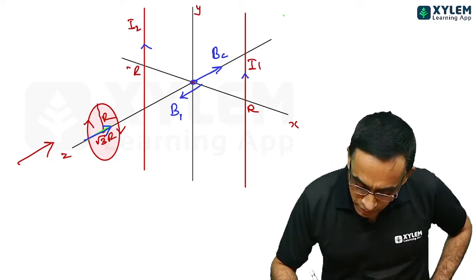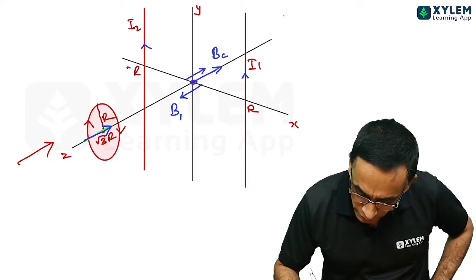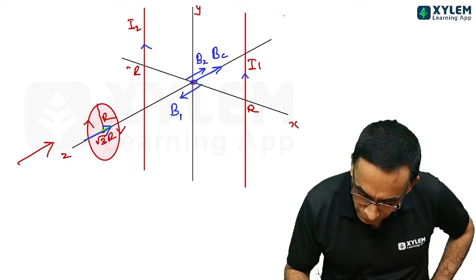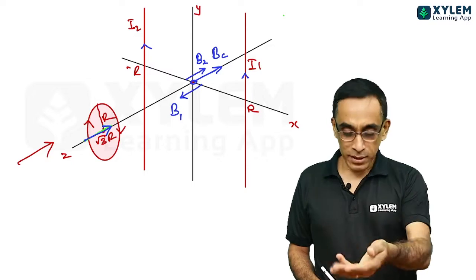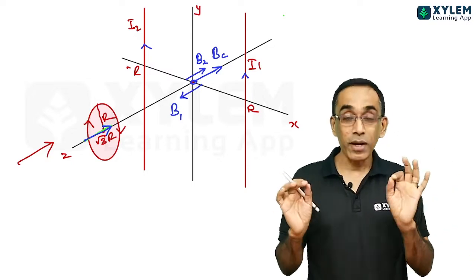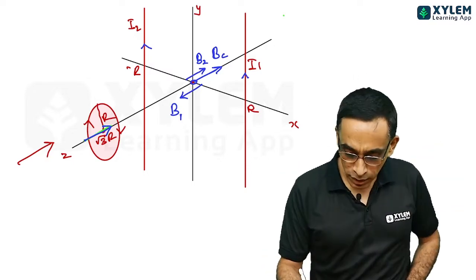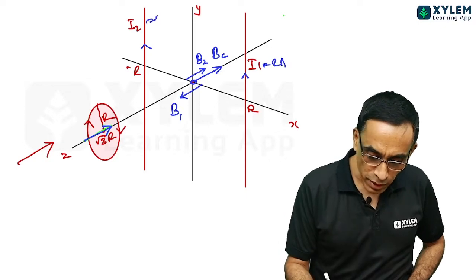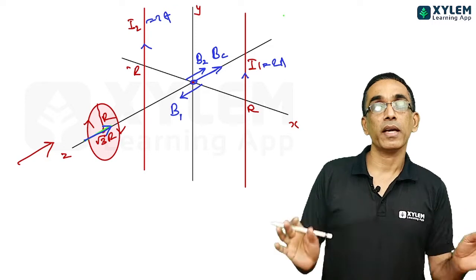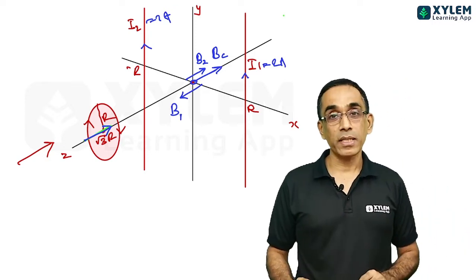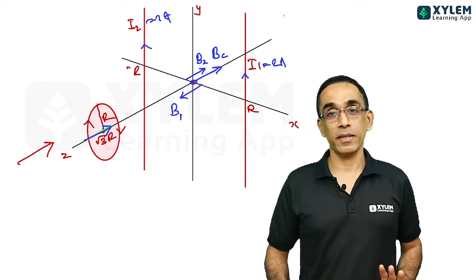Similarly, the field of the second wire will be like this, B2. So the two fields are in opposite directions. Now, suppose I1 equal to 2 ampere and I2 is also equal to 2 ampere, both in the same direction. Then B2 and B1 will cancel, but the resultant will be equal to BC. Right?